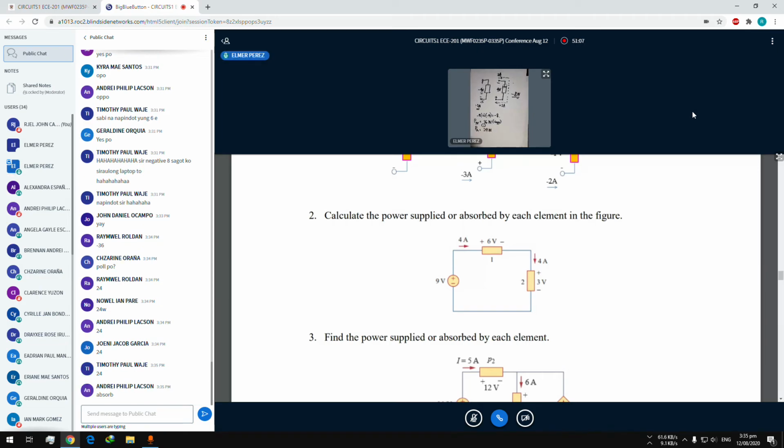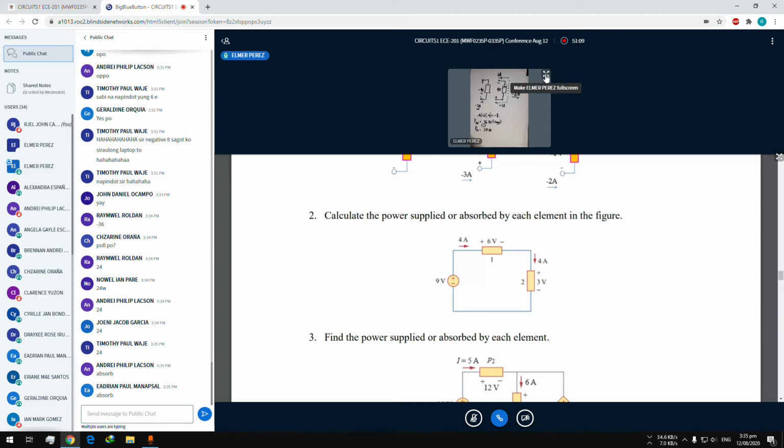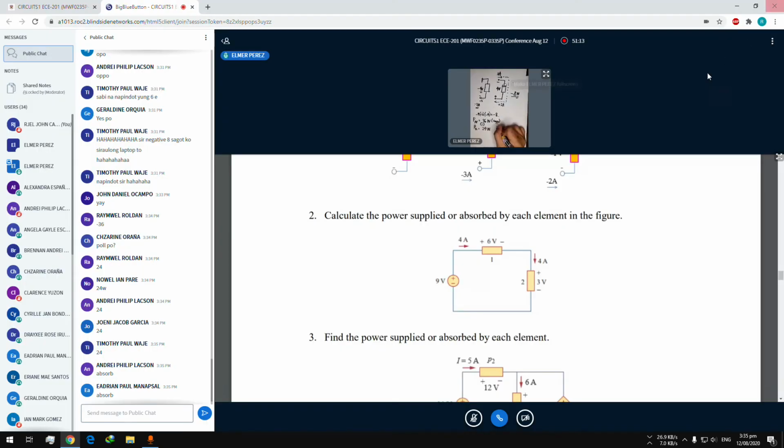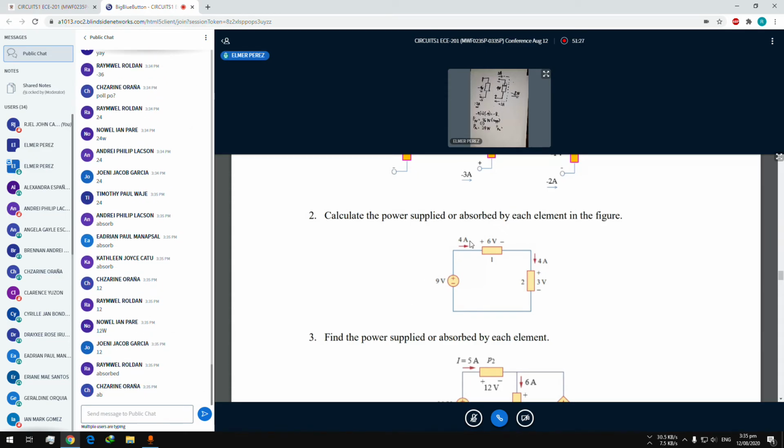Okay, kasi pumasok siya dun sa positive. Tingnan yung arrow, papasok siya sa positive, therefore it's absorbed. Okay, tama. And then the power of resistor 2. Okay, it's 12. Is that absorbed or supplied? Absorbed. Okay, kasi papasok siya sa positive.